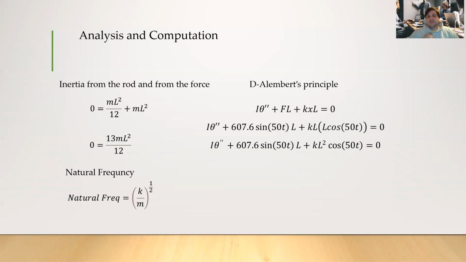But it really did help to look at things from a statics point of view rather than a dynamics point of view.